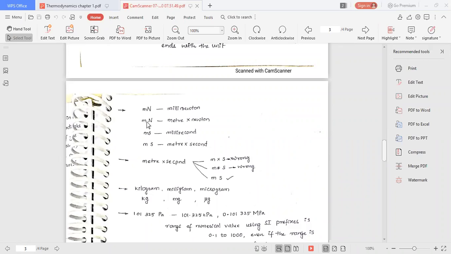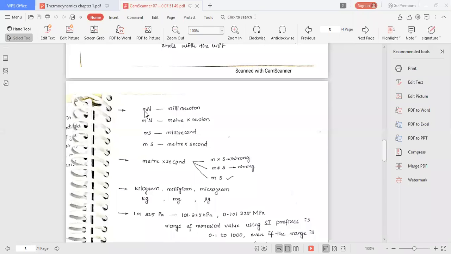Into is there in one, into is not there in the other. Into I have written here only, but not here. Space makes the difference. Here, if you write small m, capital N, then N is the Newton, and besides there is a small m.